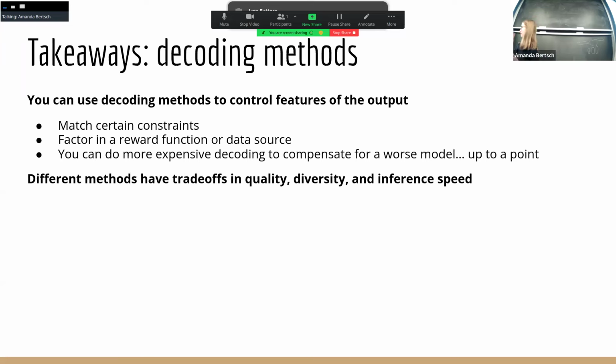Yeah. So say you're building something in production. Do people usually try an expensive decoding method before fine-tuning, to see if it's going to work? Like, if you have a model that you can apply some kind of expensive decoding method to get good outputs, is it then worth training that model?